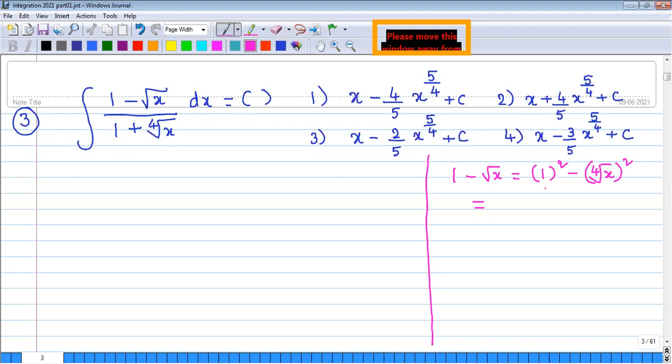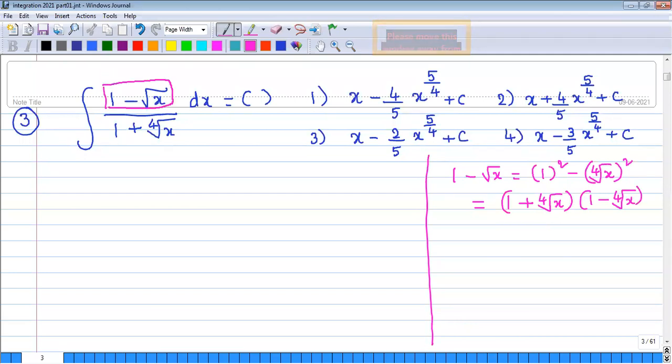This is a square minus b square, a plus b into a minus b, that means 1 plus 4th root x into 1 minus 4th root x. So in the place of this numerator, write this value down.